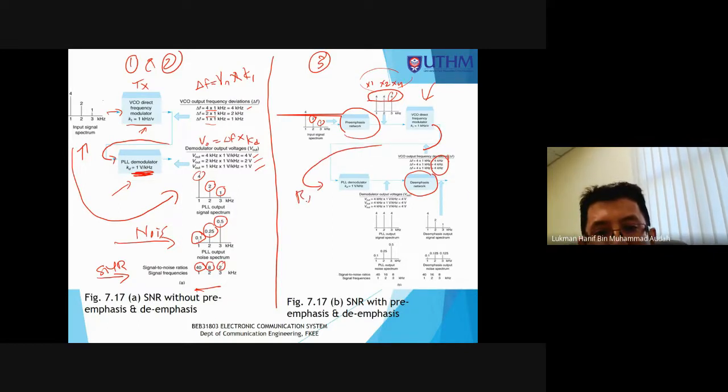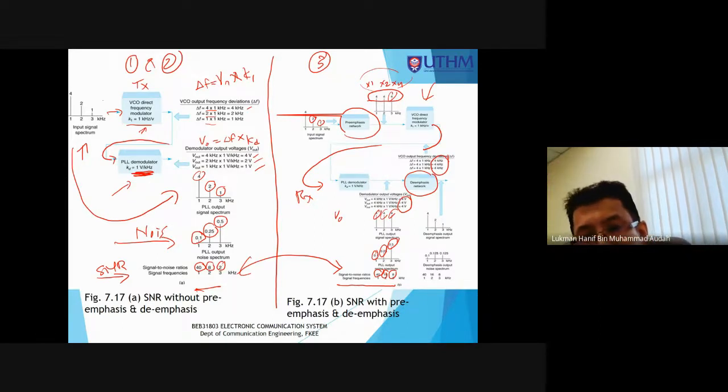So this is the receiver part. First it enters the demodulator. From the demodulator output, we're going to get Vout. Vout here is 4 volt after multiplying with KD. And if we calculate the SNR, it is 4 divided by 0.1, 4 divided by 0.25, 4 divided by 0.5. We will get 40, 16, 8, which is much better than the previous. It's not all 40, but it will be better.